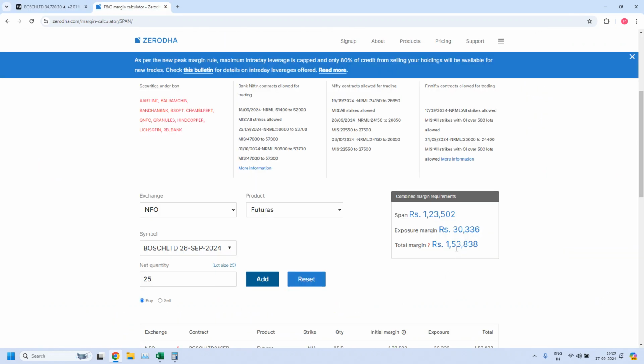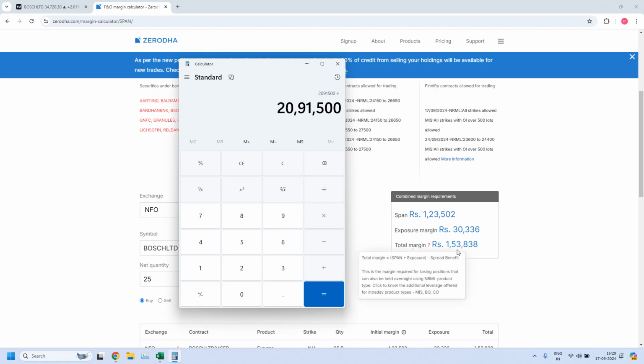Definitely it is less than 1,53,000, but let me keep around 1,53,000. Definitely it is another 1,000 or 1,500 rupees less, but approximately I am adding 1,53,838. 13.59. That means 13.6% ROI we would have achieved.